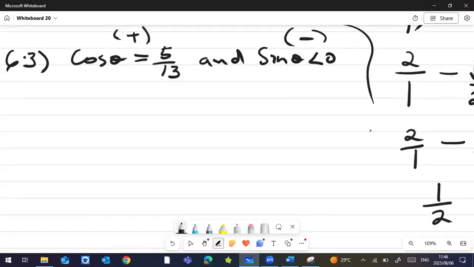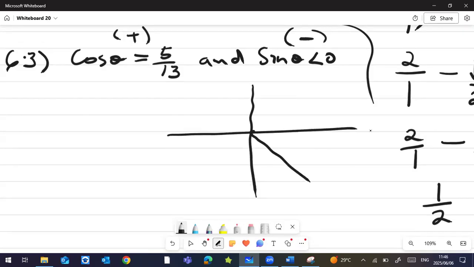Remember, cosine is positive in the first and fourth quad. So we cannot take the first quad because in the first quad, sine is also positive. So the relevant quadrant here is the fourth quadrant, because that's where cos is positive and sine is negative. There we are. We are in the fourth quadrant.